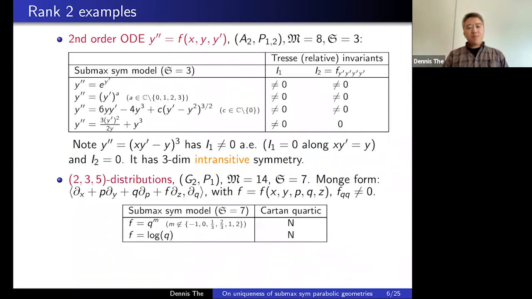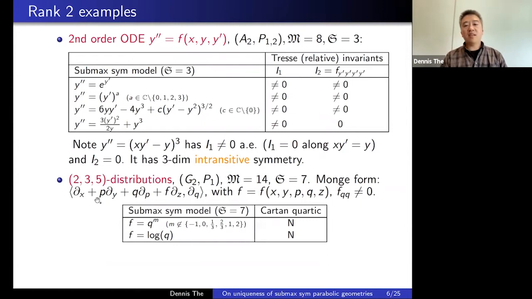Next example, 2-3-5, also discussed in Pavel's talk. So, rank 2 distributions with generic growth in dimension 5. This was studied by Cartan in 1910, his famous 5 variables paper. The maximum is 14, and the maximally symmetric model is unique. The submaximal symmetry dimension is 7.